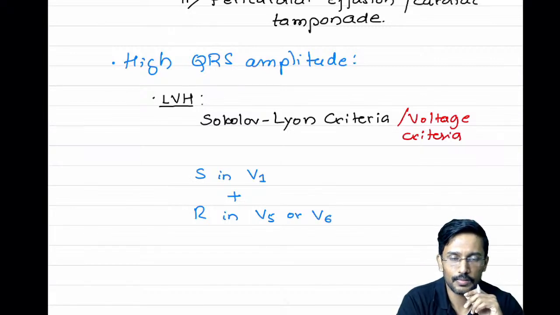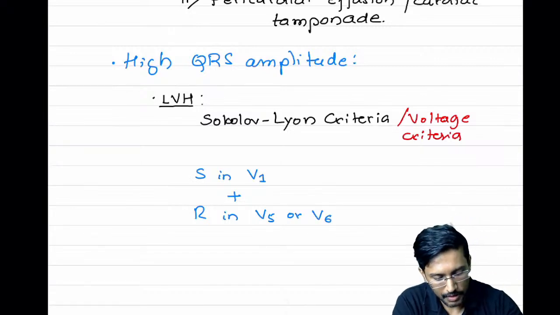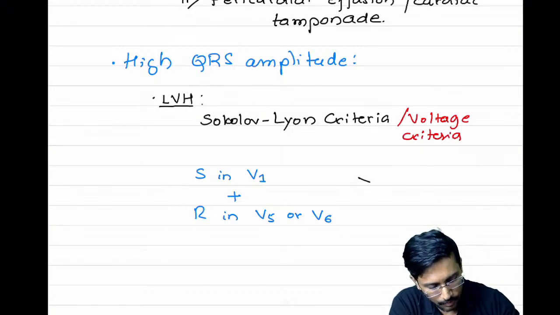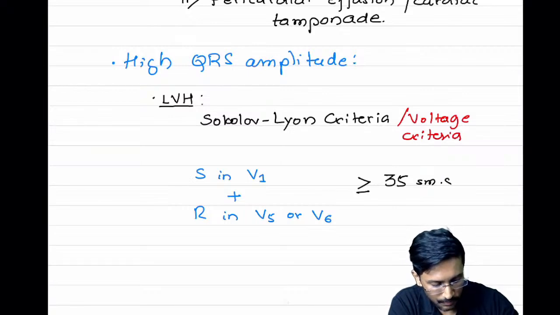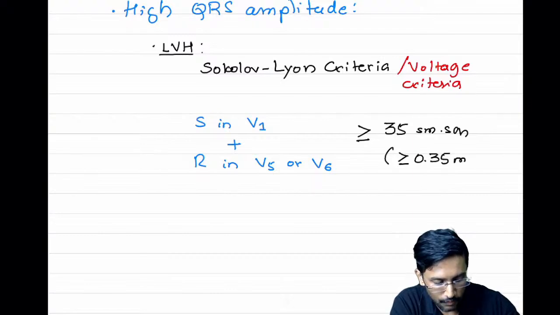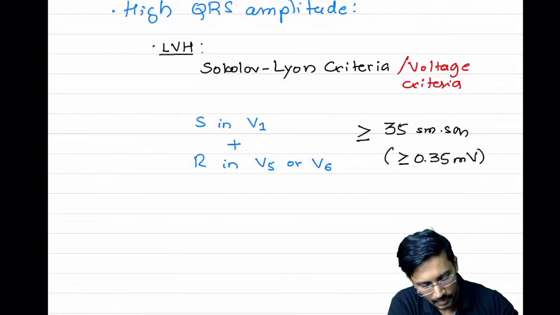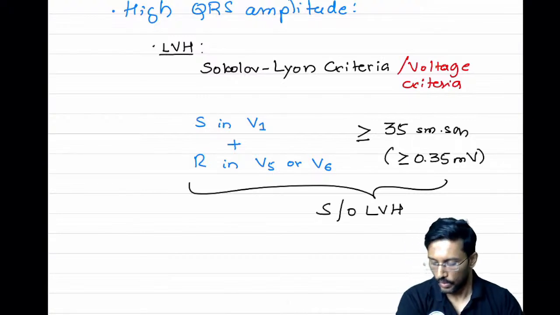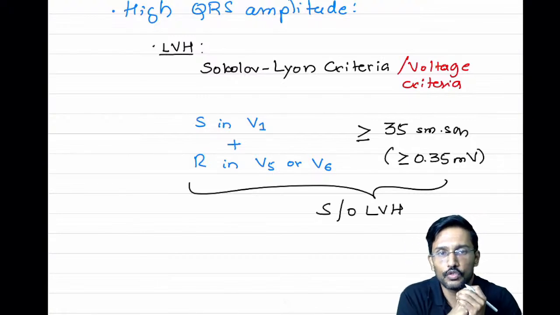If this sum is more than or equal to 35 small squares, or in terms of voltage, more than or equal to 3.5 millivolts, it is suggestive of left ventricular hypertrophy.